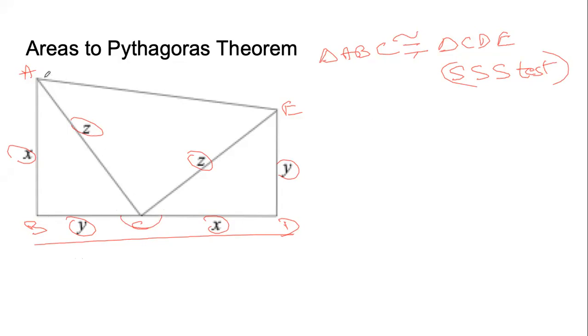Now, when we join the points A and E, we get a quadrilateral, which is A, B, D, E. This is a special quadrilateral because the way we have taken the triangles, they are not just congruent. We have taken two congruent right angle triangles. So angle B is 90, angle D is also 90 degrees.